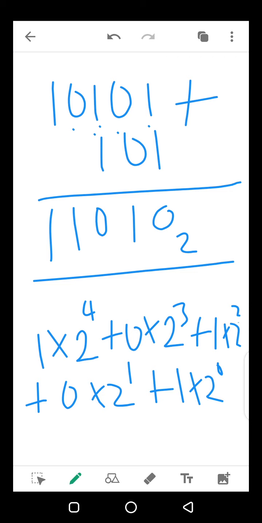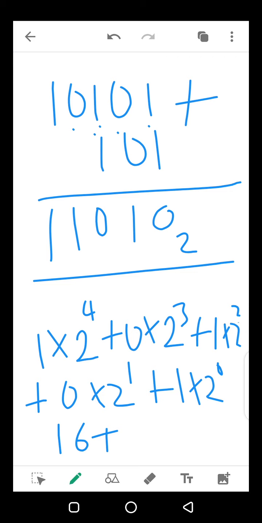This will give us 2 raised to power 4, which is 2 times 2 is 4, times 2 is 8, times 2 is 16. So we have 16 times 1, which is 16. The second one is 0 here. Anything times 0 is 0, so we're not counting it.